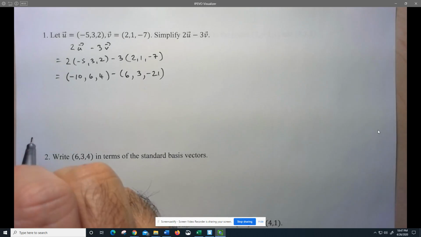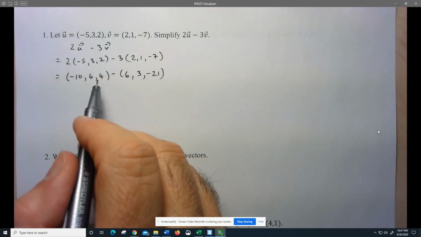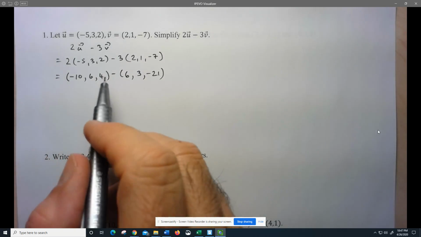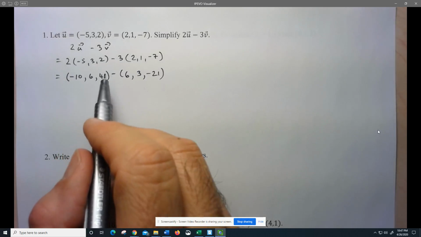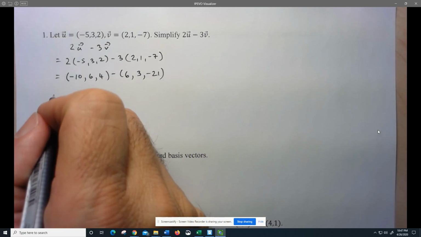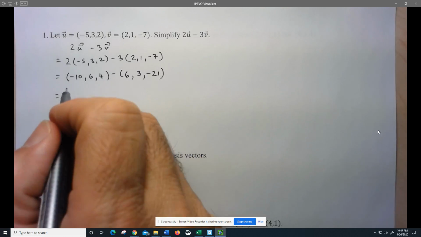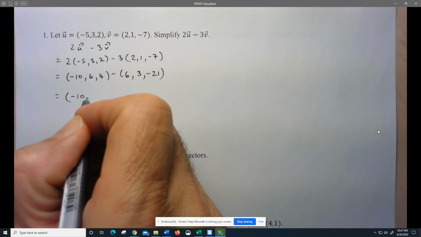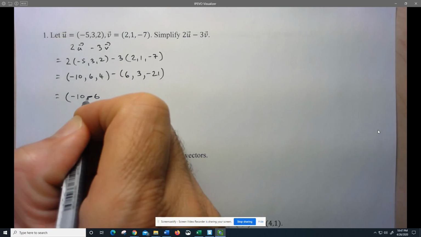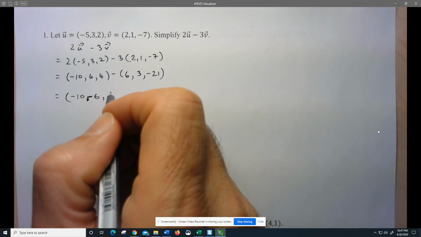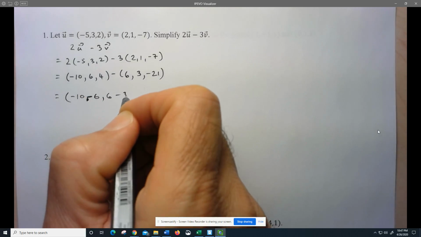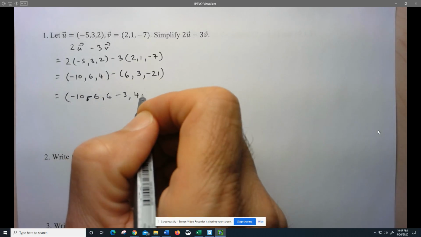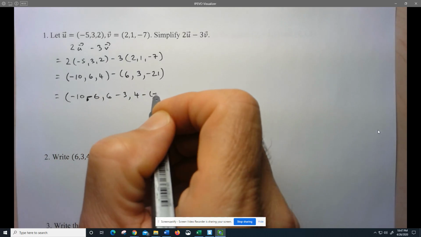All right, so now that we've taken care of the multiplications, we can go to the subtraction, and we saw that we could subtract vectors defined this way by just subtracting the individual components. So here we're going to do negative 10 minus 6. Here we have 6 minus 3, and then finally we have 4 minus negative 21.